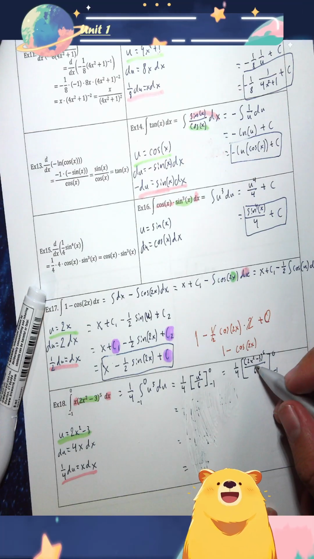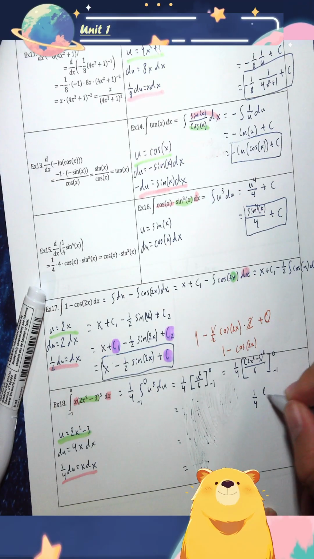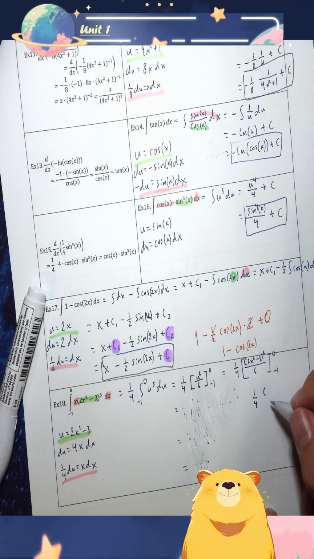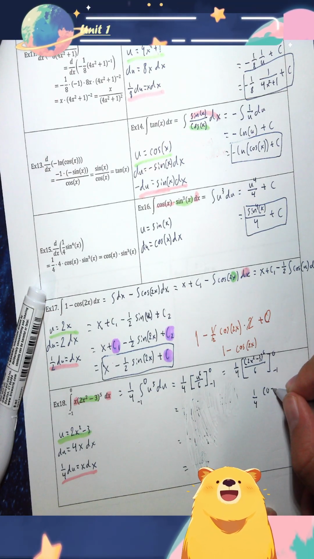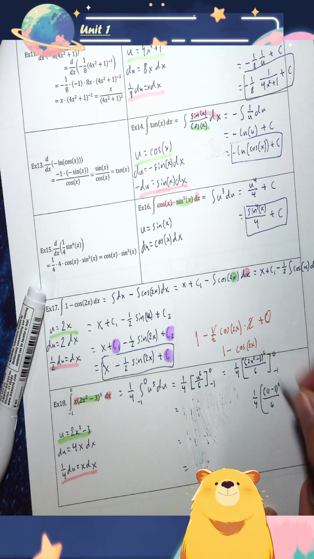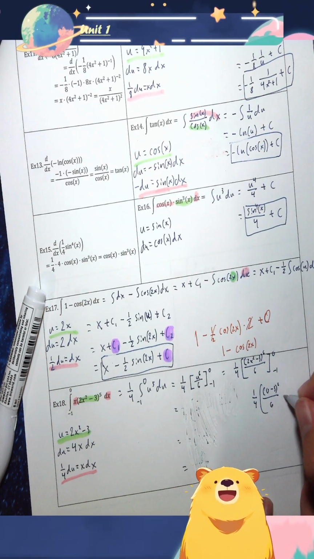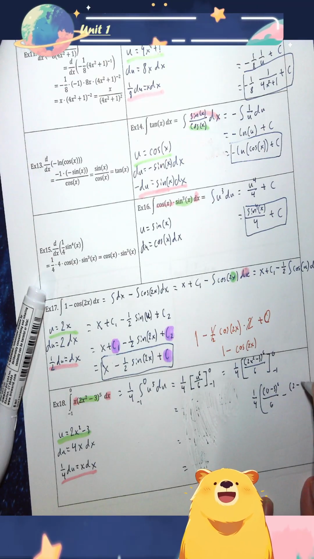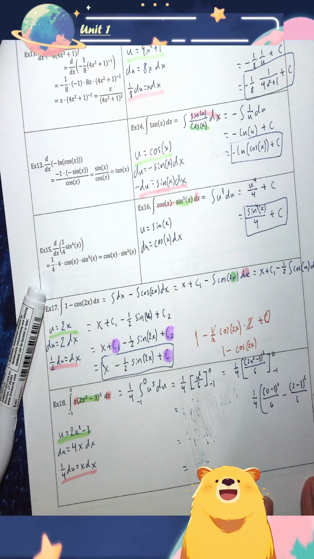Alright, if we plug that in to be 0, we get 0 minus 3 to the power of 6 over 6. And we plug it to be negative 1, we will get 2 minus 3 to the power of 6 over 6.